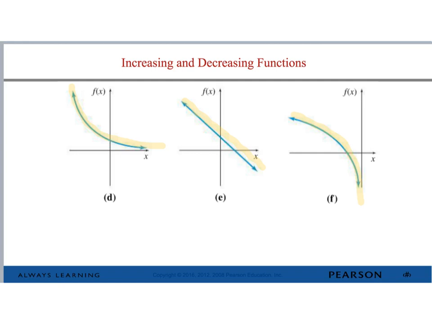When we get to examples D, E, and F, we're looking at decreasing functions. These functions are going downhill. They're losing value as x increases. And again, we're looking to see where x is getting larger, which means we're reading the x-axis from left to right.